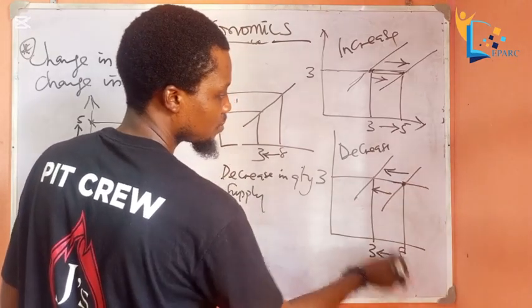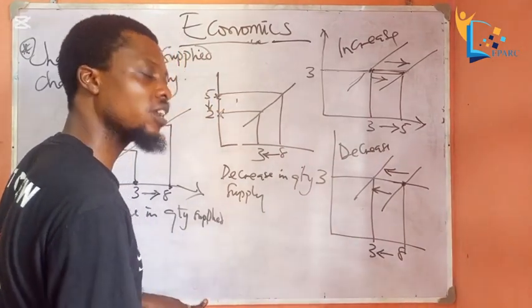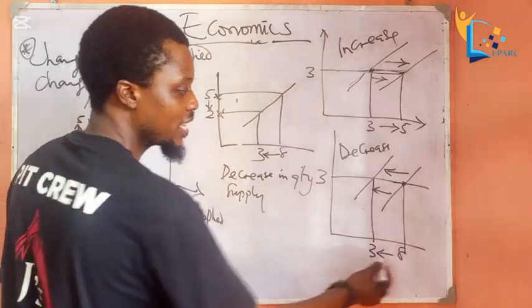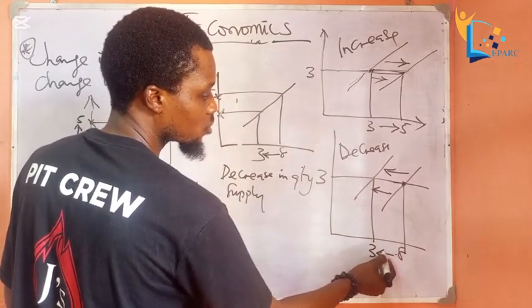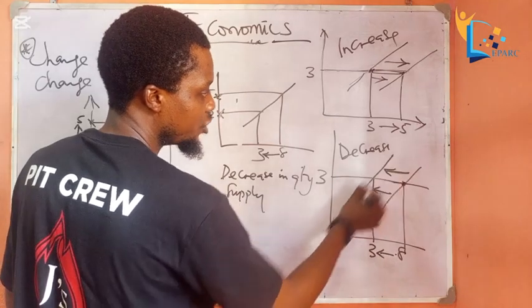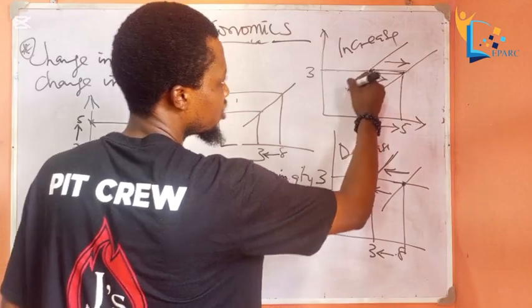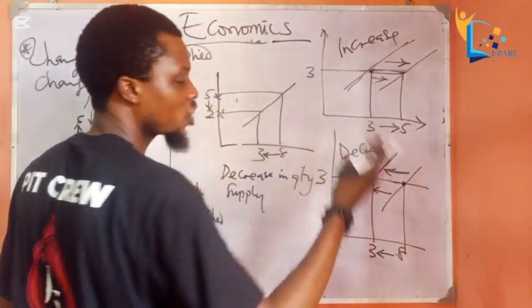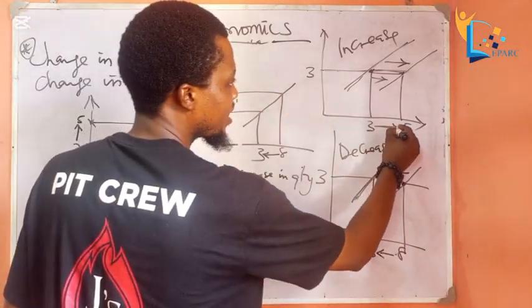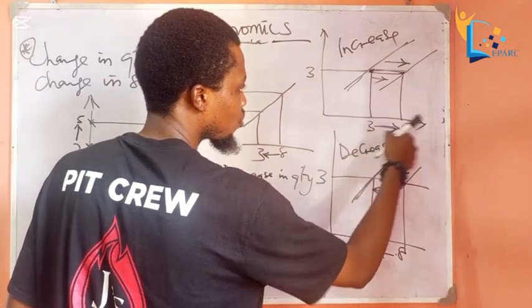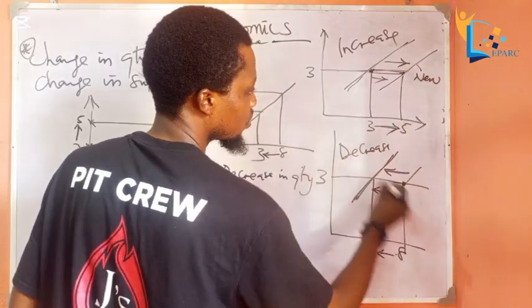When there is change in factors of production, change in close substitute, change in number of producers and all that, then supply will reduce from 8 kilogram to 3 kilogram. Then you have a new supply curve. In this other case, from the initial supply curve, when there is change in close substitute, factors of production and all the rest of it, there will be an increase in supply, moving from 3 to 5 kilogram. This is the new supply curve.